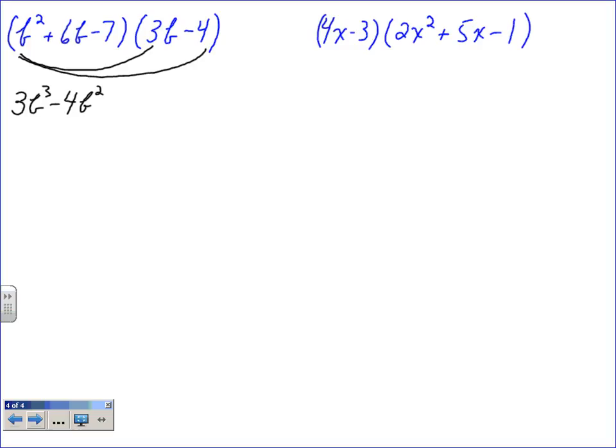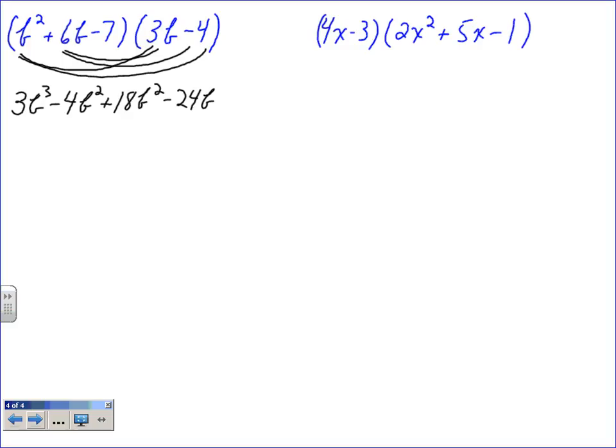So let's distribute the 6b. 6b times 3b, 18b squared. And then 6b times negative 4, negative 24b. All right, so I've distributed the b squared.